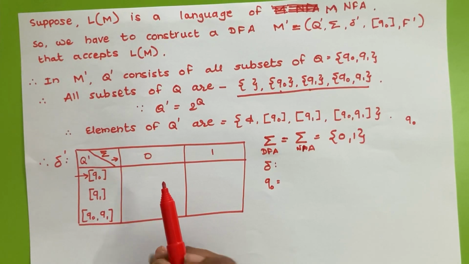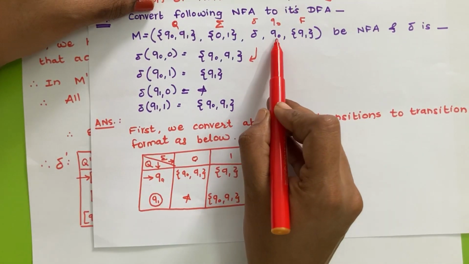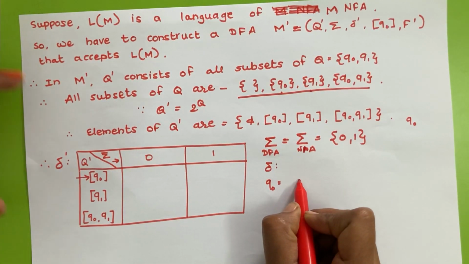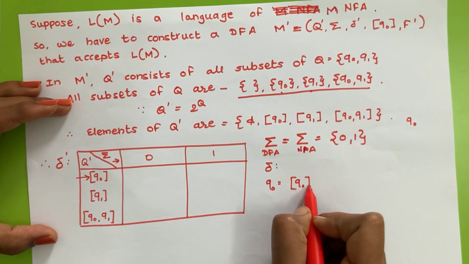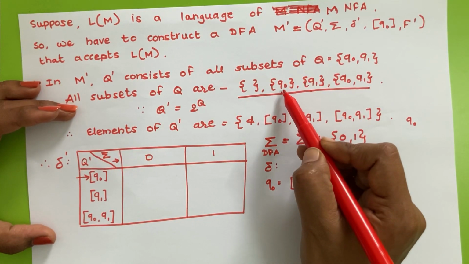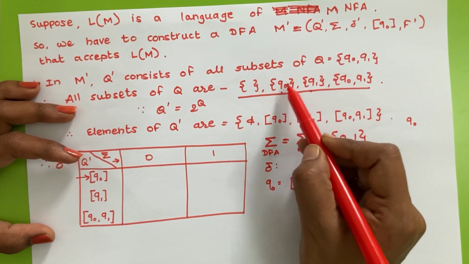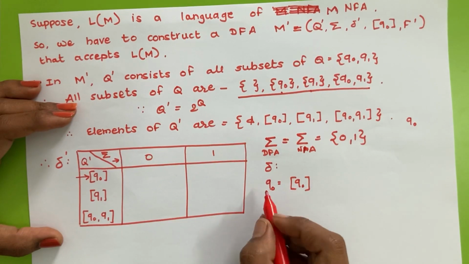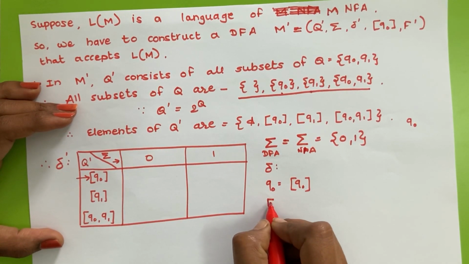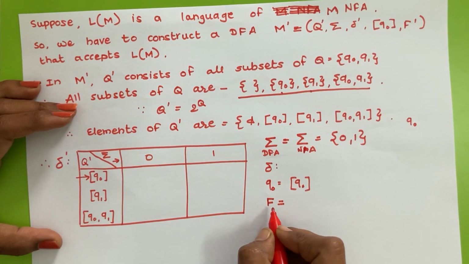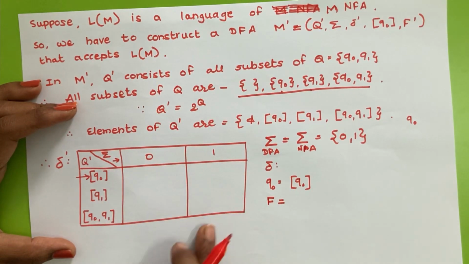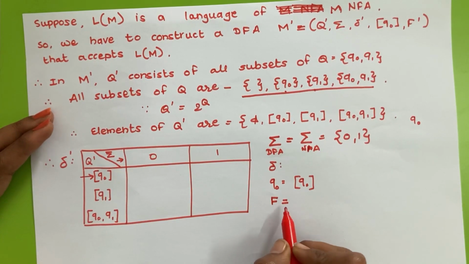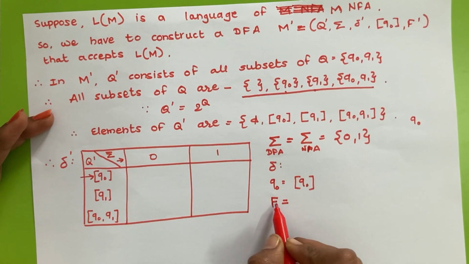So we will write Q0 as the initial state, but in rectangular brackets because we have renamed the states from curly brackets to rectangular brackets. The last tuple is F. We have to find F after finding the transitions for the DFA. So at last we will write the set F.